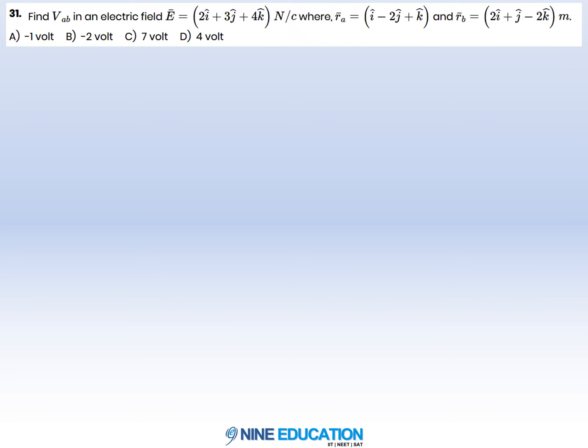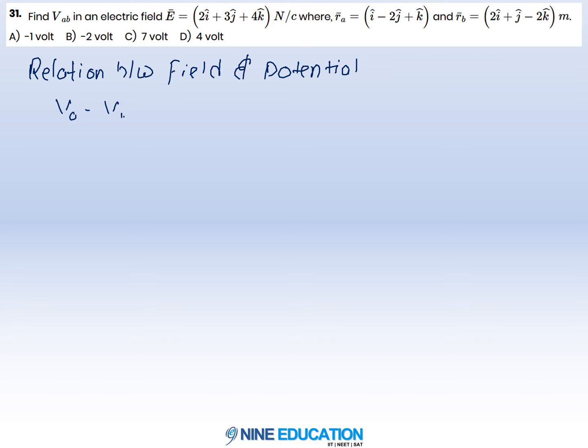In this question, we have to find the potential difference, and for that you have to remember the relation between field and potential. The relation between field and potential is VA minus VB equals negative of the integral from B to A of E dot dl.